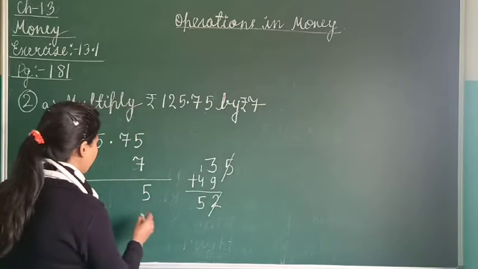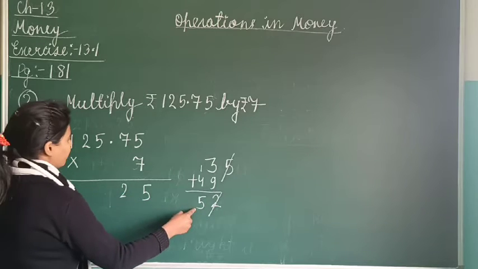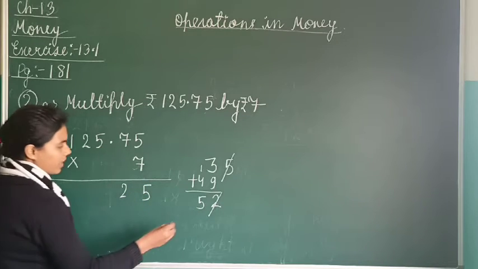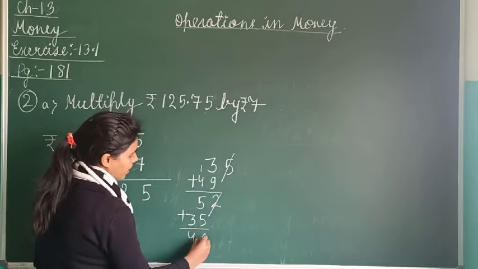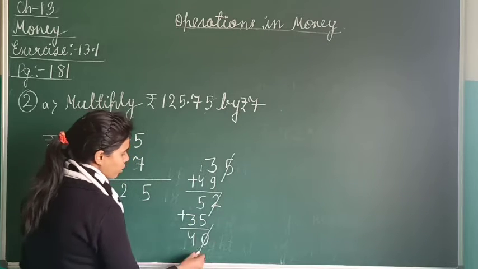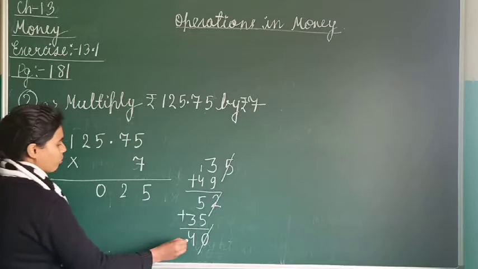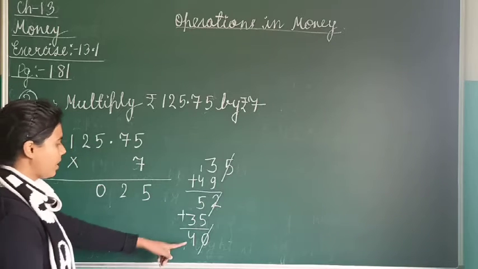Now again 2 we will write here, and 5 will be left. 7 5s are 35. As 5 is left here, first of all we will add. After adding we got 40. So 0 we will write here and 4 will be left.